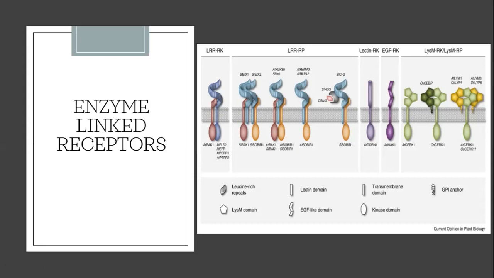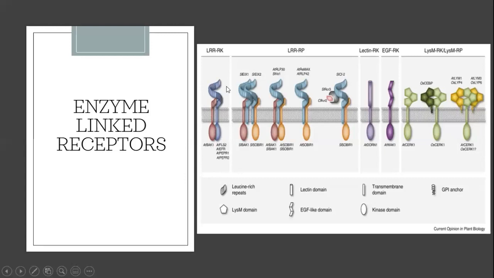These are some of the enzyme linked receptors. If you see all of these receptors, you will find that they have something in common. They have three parts: the outer extracellular part, the transmembrane part, and the intracellular part.